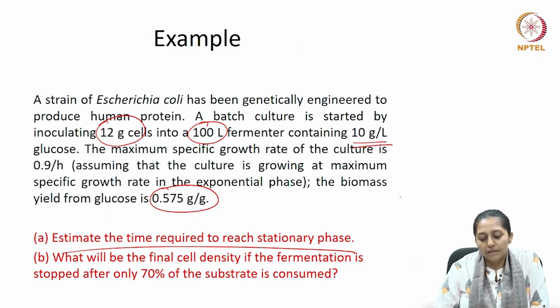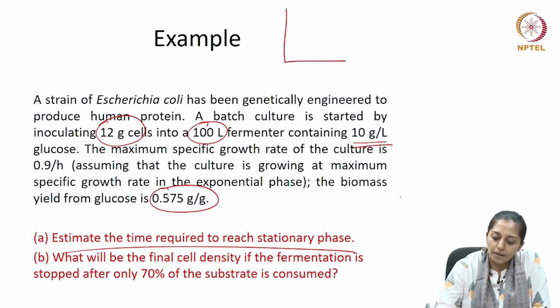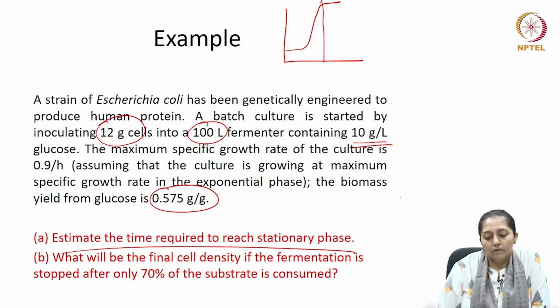What will be the final cell density if the fermentation is stopped after only 70% of the substrate is consumed? Okay. So, for part A, what did we assume? It was said that the reactor has been run till the end of the log phase, so we could assume that the substrate has completely depleted.